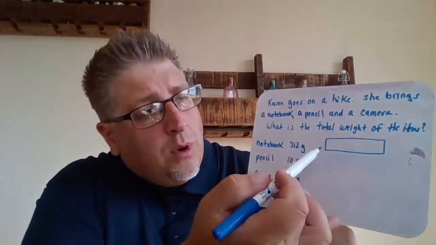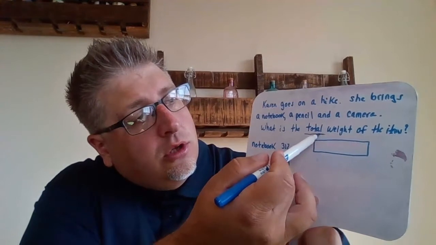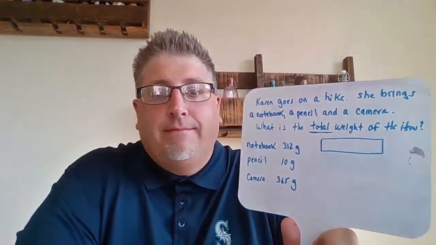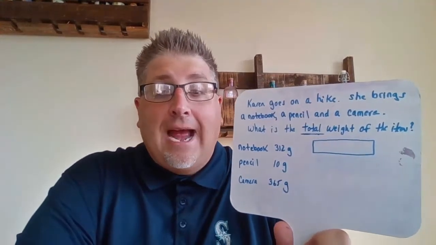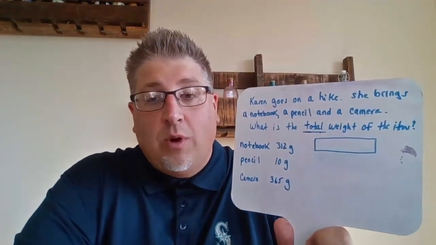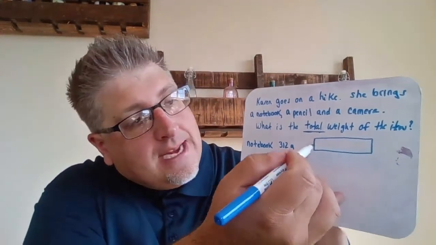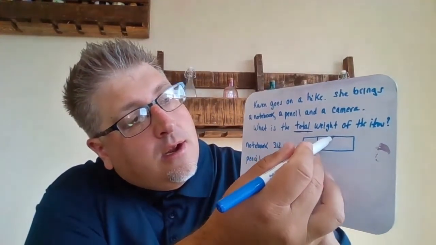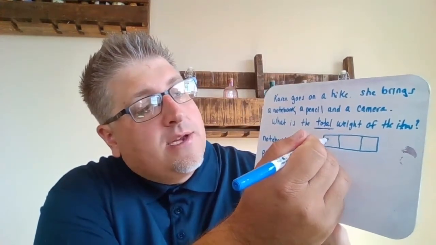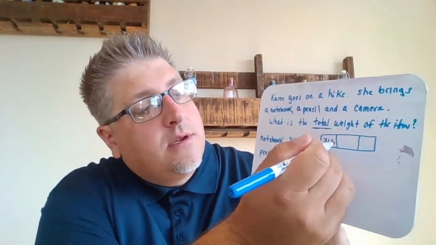Okay? When I see total right here, it makes me think addition. It makes me think that I'm going to add. So they want to know how much all of these items weigh. So what I like to do is I take my tape diagram here. I break it into 3 pieces. I know the notebook weighs 312 grams.